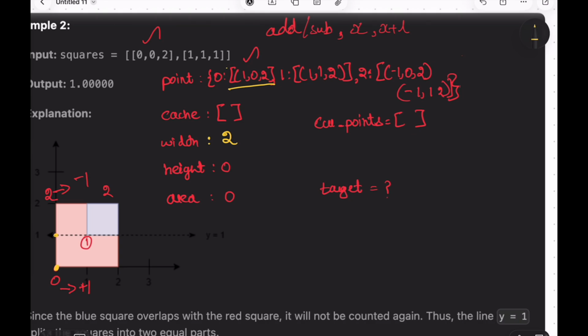So h of i will be 0 because the key value is 0 here, and h of i plus 1 will be 1. So we subtract these, which results in 1, right? And now area will be 2, and the current points will be 0 comma 2.